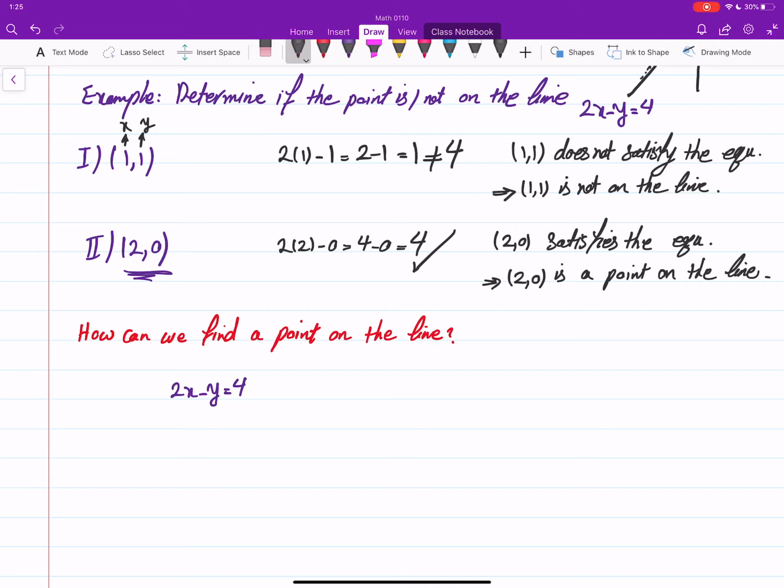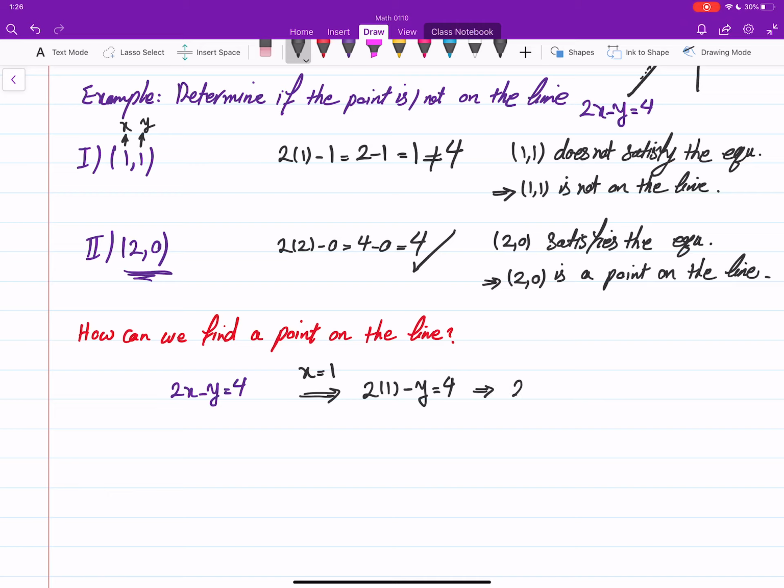Plug in something for one of these variables. I can plug in any number you like for x. Here I will plug in 1. Then you will get 2 times 1 minus y equals 4. The equation, which had both x and y, is now an equation only for y. Try to solve it.